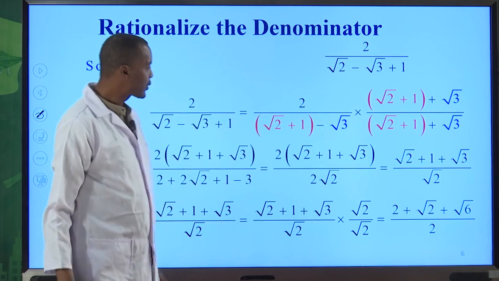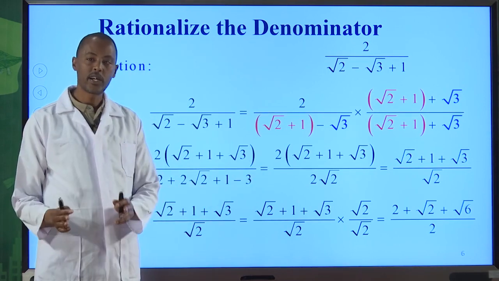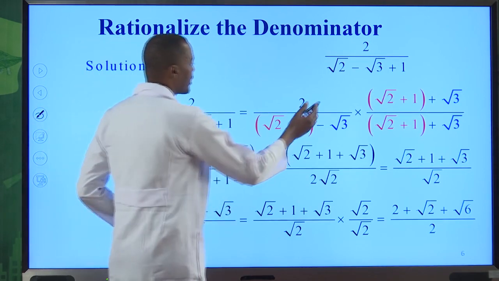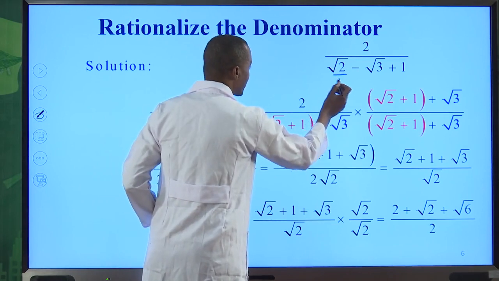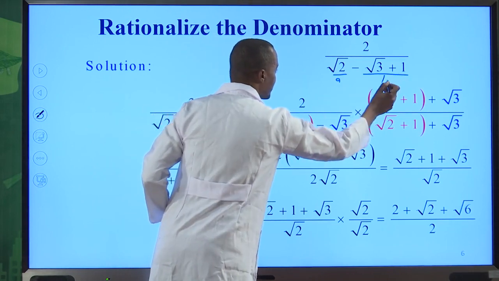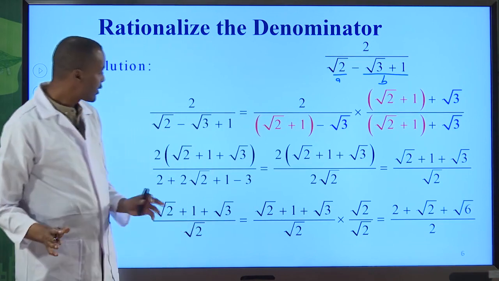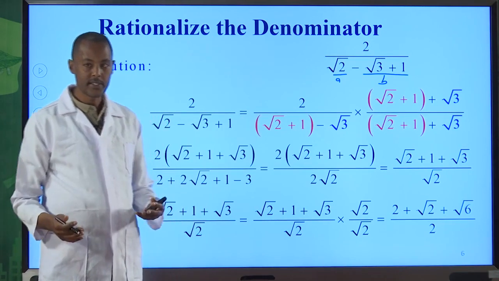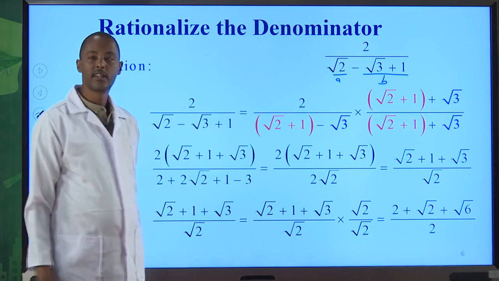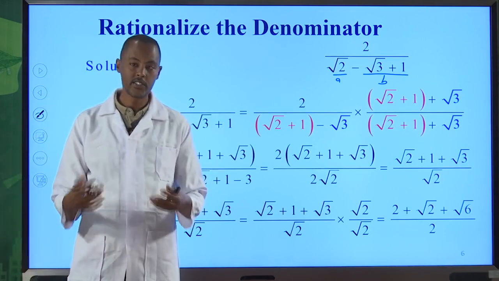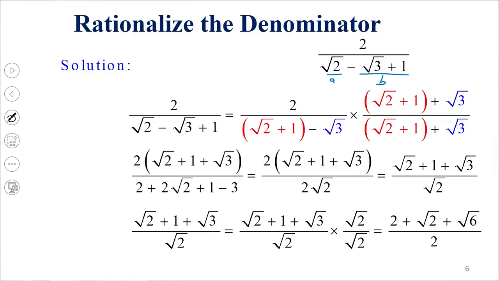But now what we have to take care of when we do this kind of problem is that if we make this part A and this part B, it will be a little bit more complex, and we have to reorganize the given expression so that it will be easier to solve the problem. So in order to do that, we have to bring root 2 and 1 term together, and root 3 alone to be another term.